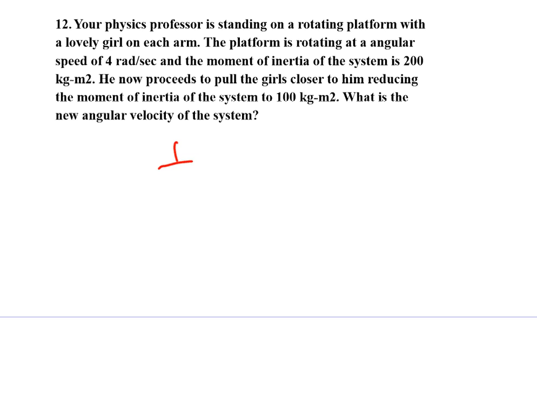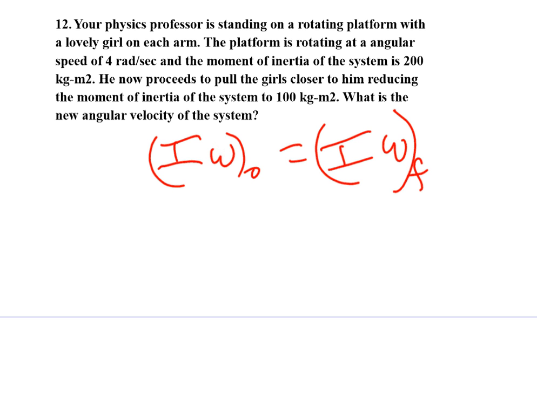So, I times omega initial is equal to I times omega final. Initially, the platform is rotating at 4 radians per second, and the moment of inertia is 200. So this is the initial angular momentum. If he pulls the girls in, I drops to 100.